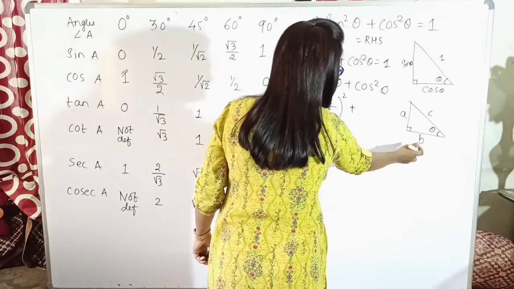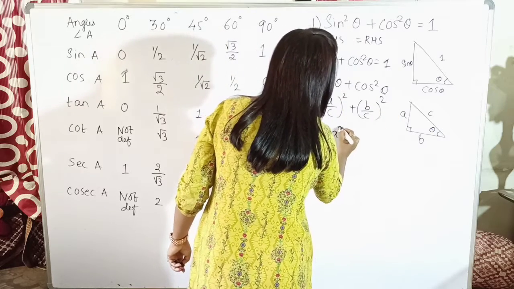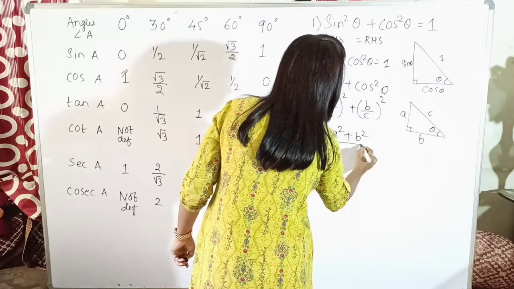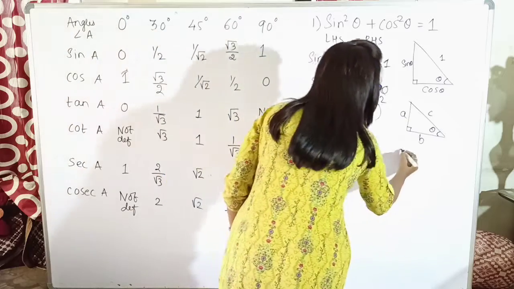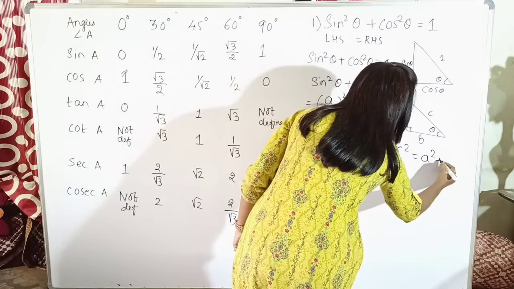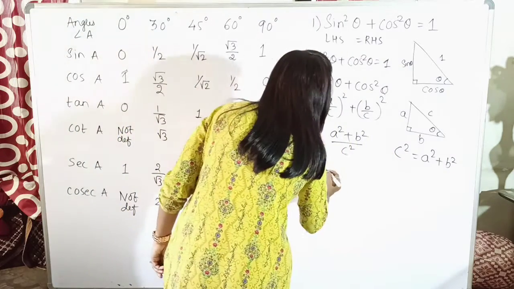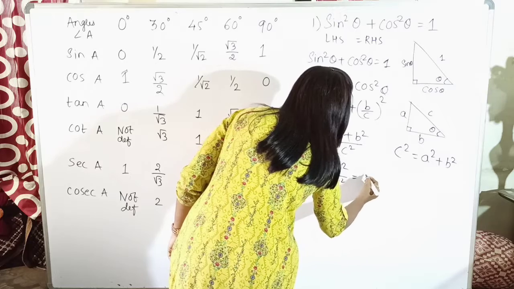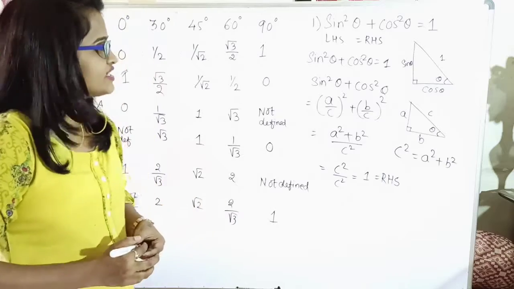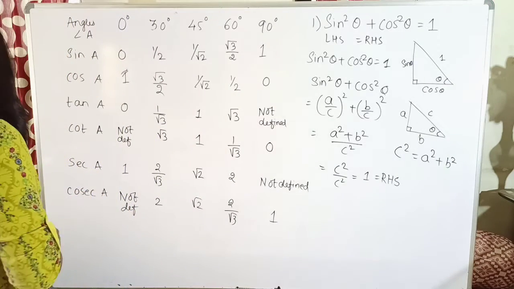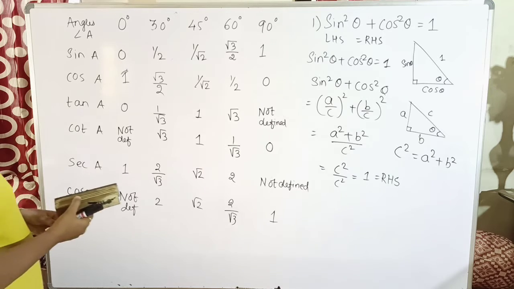Similarly, cos square theta, adjacent upon hypotenuse, so B by C square. Which will give me A square plus B square by C square, isn't it? But since the triangle is a right angle triangle, according to Pythagoras, C square is equal to A square plus B square. So can I replace this A square plus B square with C square? Yes. And that will give me 1, which is nothing but your RHS. Okay, so that is the first identity which says sine square theta plus cos square theta is equal to 1.